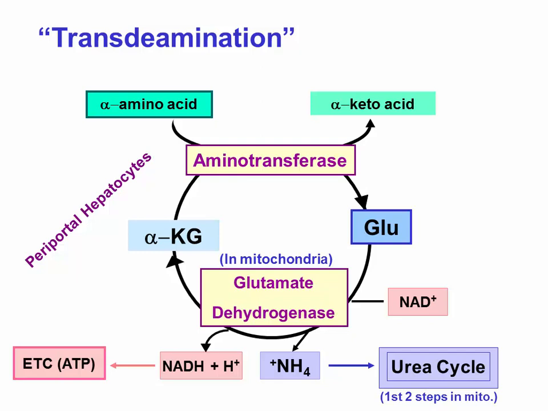We need to be able to deal with lots of amino acids, especially people following the Atkins diet, right? Or Americans in general, who eat a heck of a lot of protein at a meal. We're breaking up a lot of it. What would happen if we couldn't efficiently deal with that by making urea? It would not be good, right? Ammonia is toxic. So it's very important that we can do that in an energy efficient way.